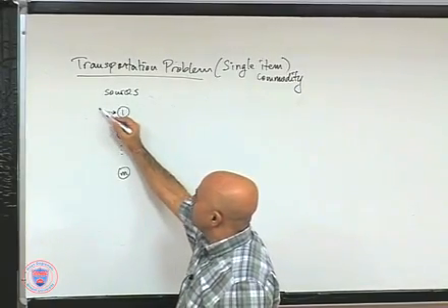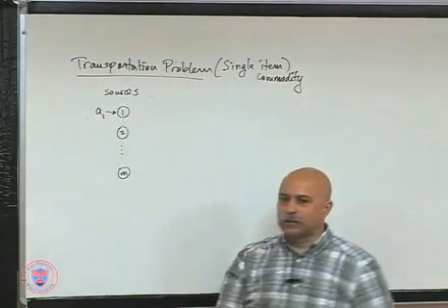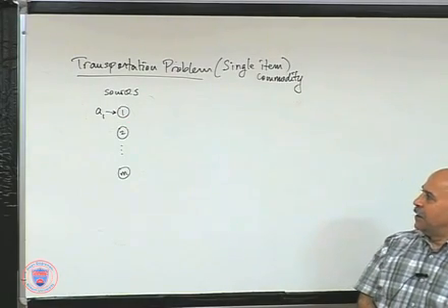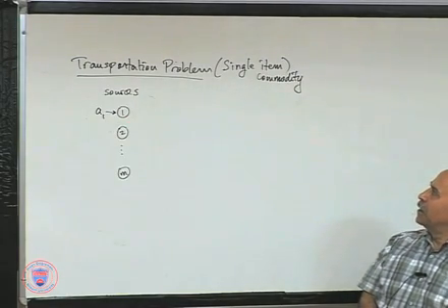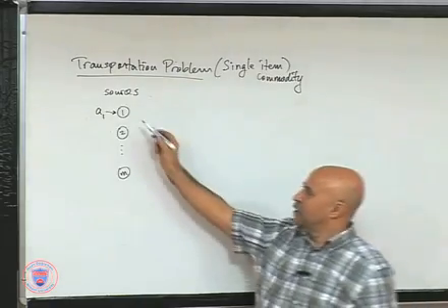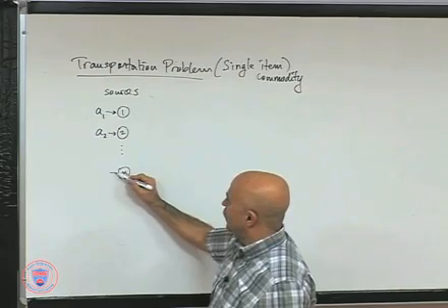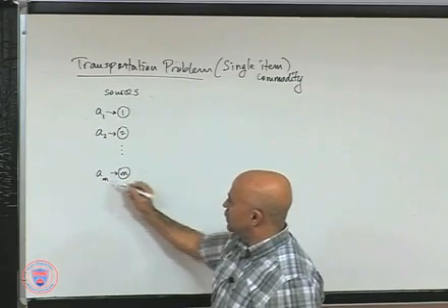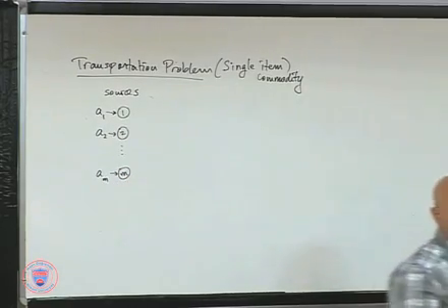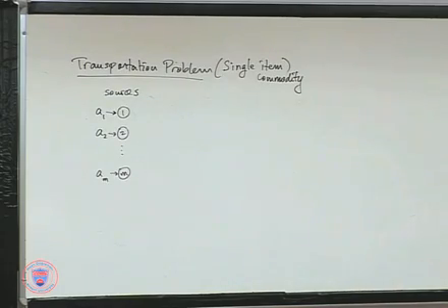And I'm going to assume I have A1 units of available units of the commodity under consideration in the first one, A2 units in the second one, Am units in the last one. These Ai's are given numbers, okay? Supplies.